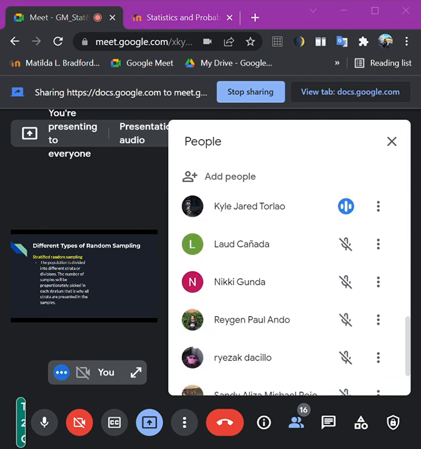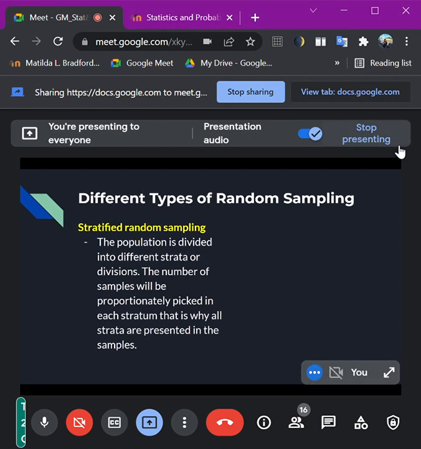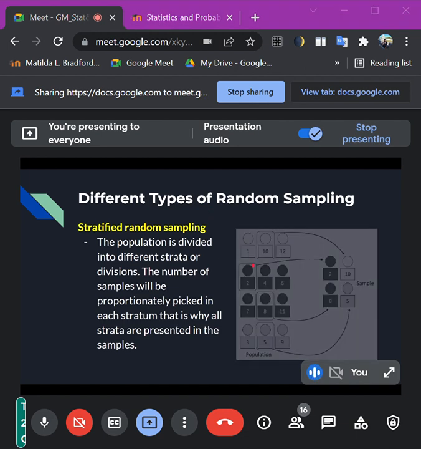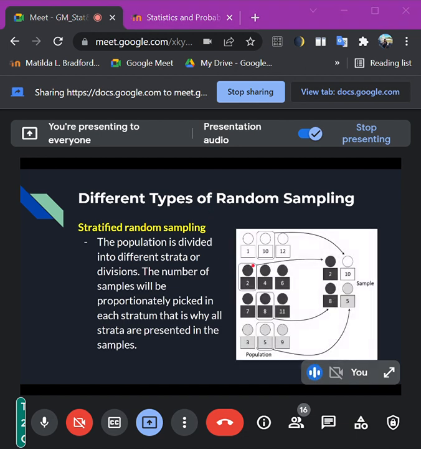The population is divided into different strata or divisions. The number of samples will be proportionately picked in each stratum. That is why all strata are represented in the samples. Okay, so when we say stratified random sampling, it is already in divisions.